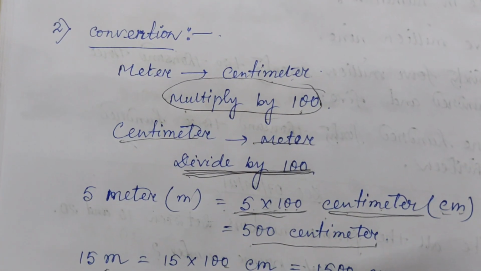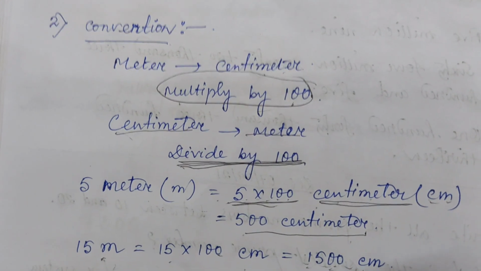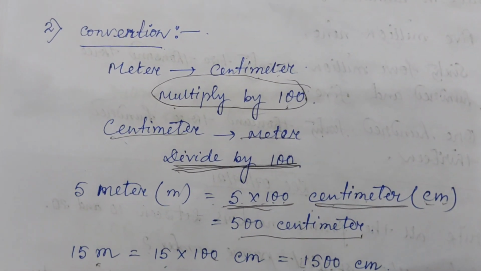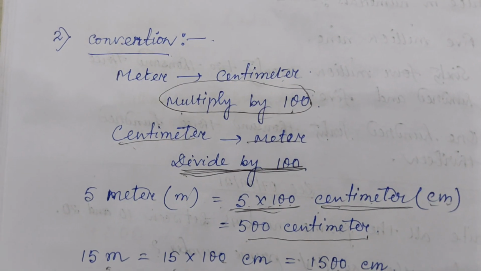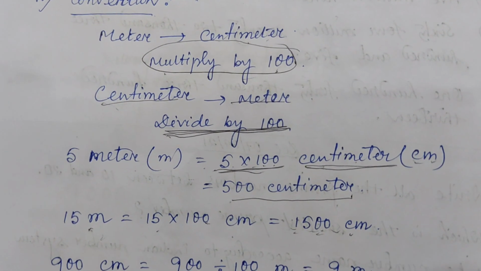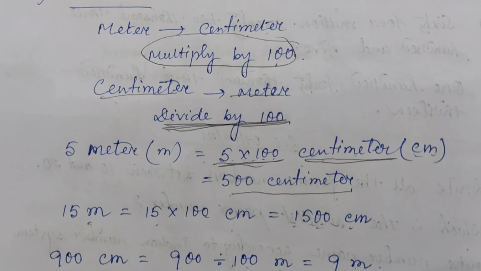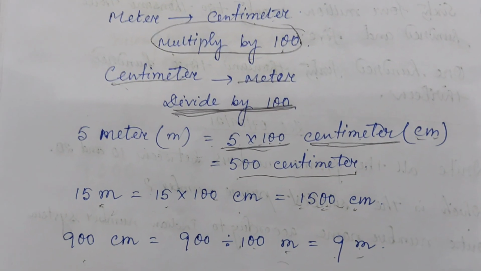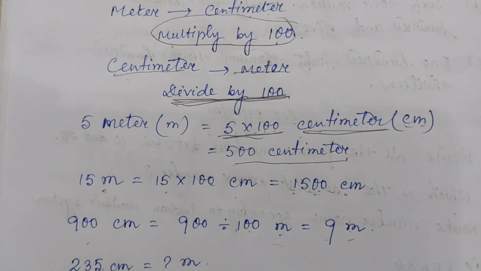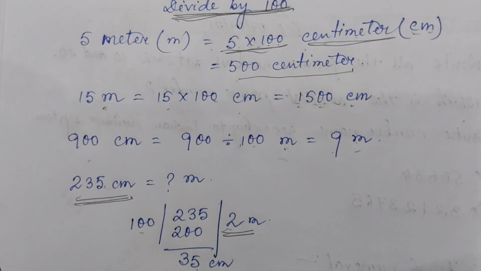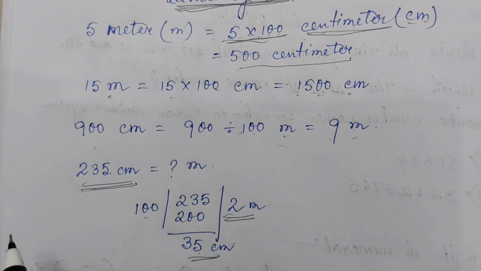Now you have to just convert meter into centimeter and centimeter into meter. When you are converting meter into centimeter, you have to multiply by 100. When you are converting centimeter into meter, you have to divide by 100.